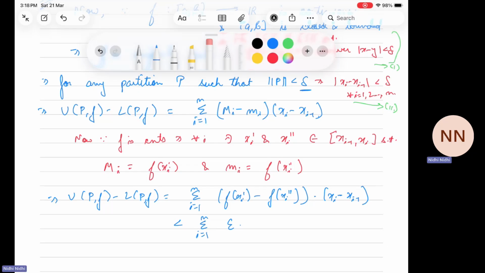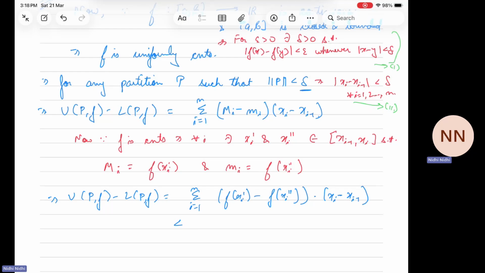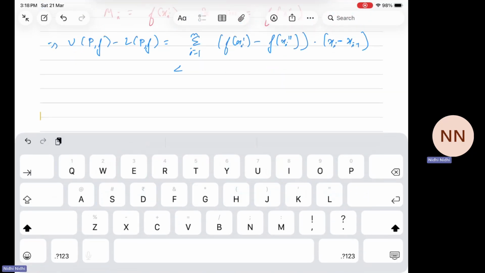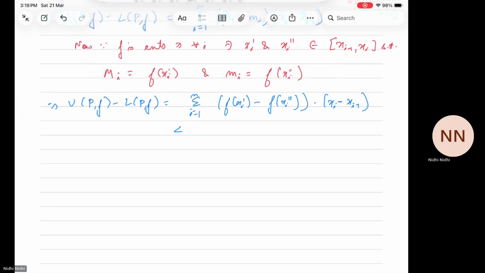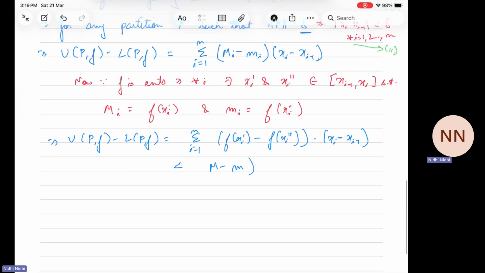In fact, I should write this, because the difference in between terms will always be less than or equal to capital M minus small m, summation i from 1 to n, xi minus xi minus 1, because obviously the difference between the maximum and minimum will always be greater than the difference between in between values, and again by uniform continuity this will be equal to f(xi prime) minus f(xi double prime), and this is equal to b minus a.